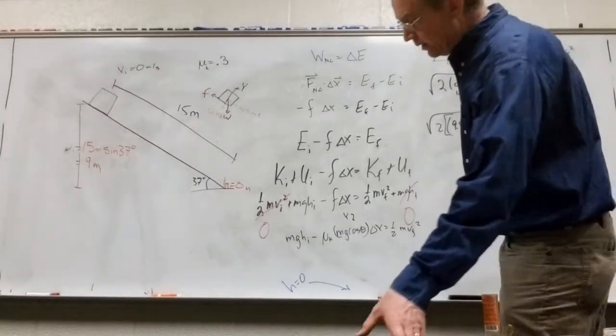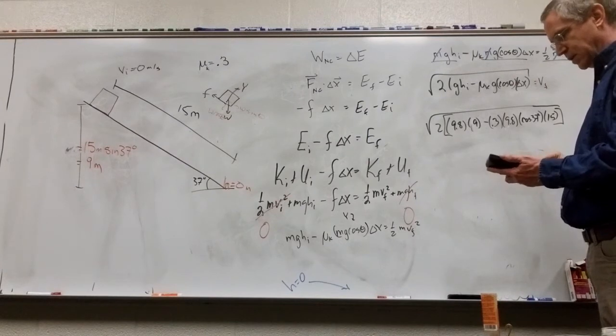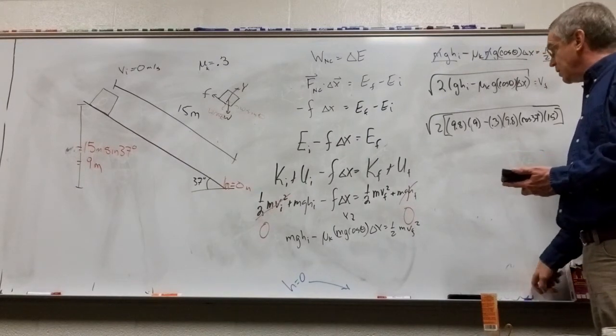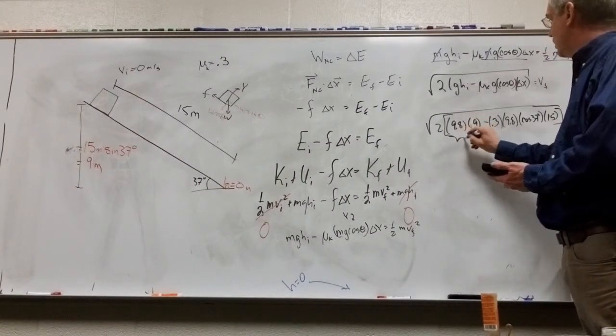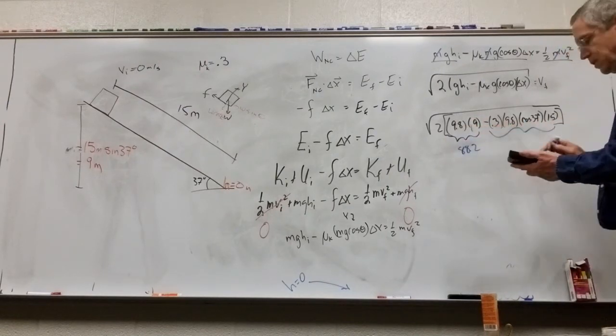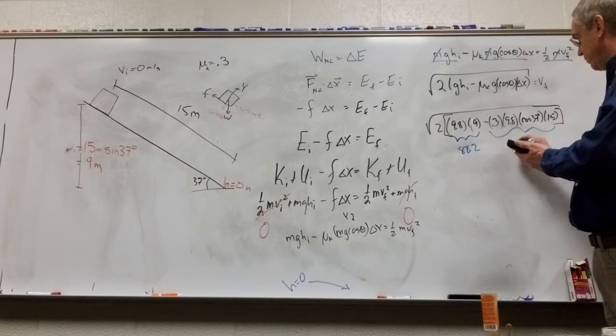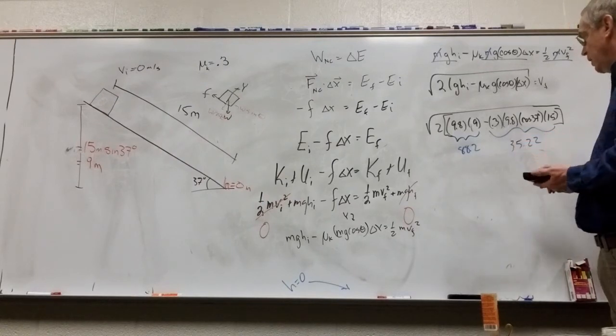And now calculator exercise. 9.8 times 9 is 88.2, and this is 0.3 times 9.8 times cosine 37 times 15, which is 35.22.